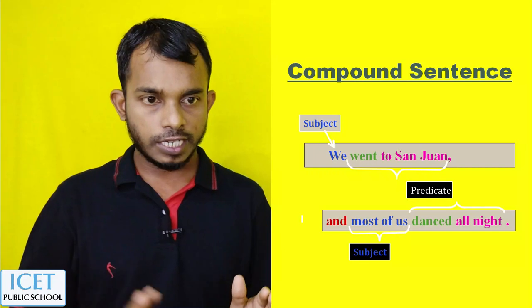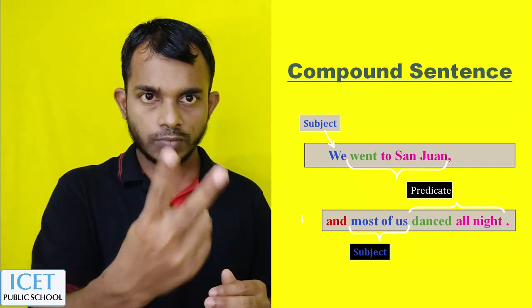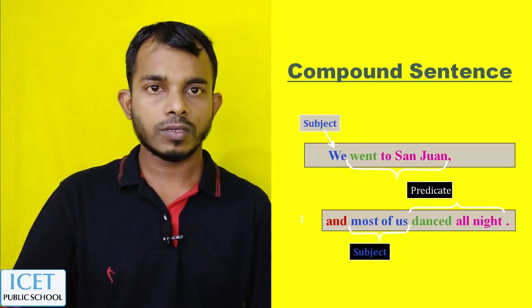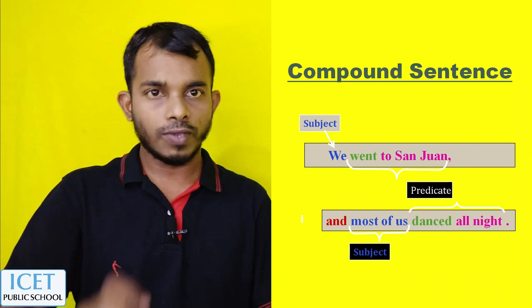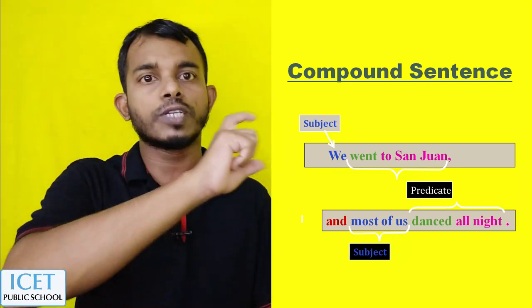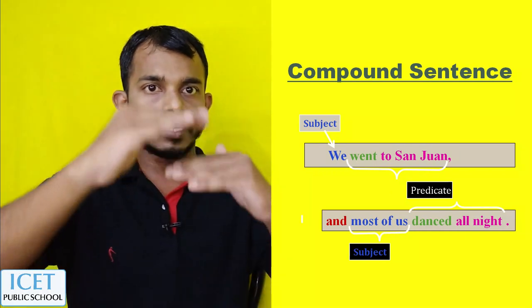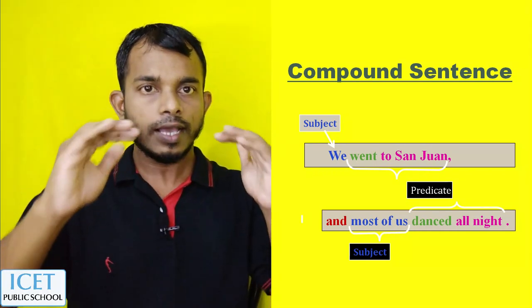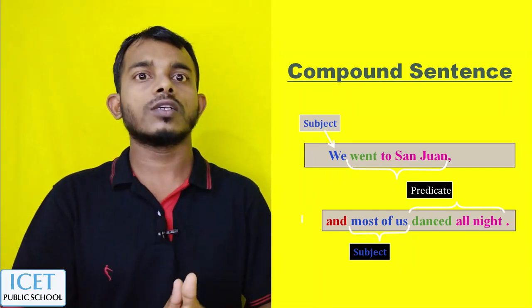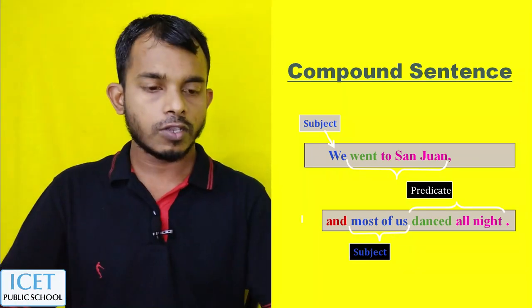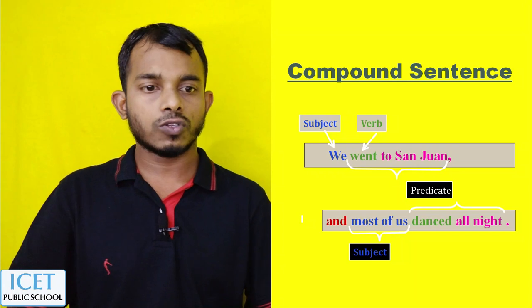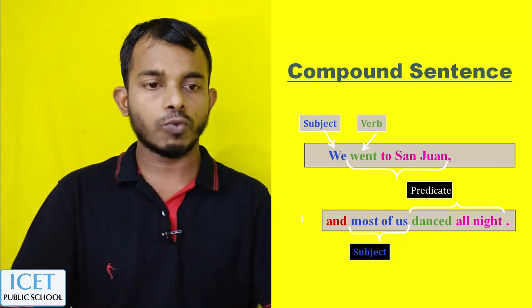In a compound sentence we have two subjects and two predicates. You got it? So that means it is two sentences. Besides that, I will tell you each one by one.